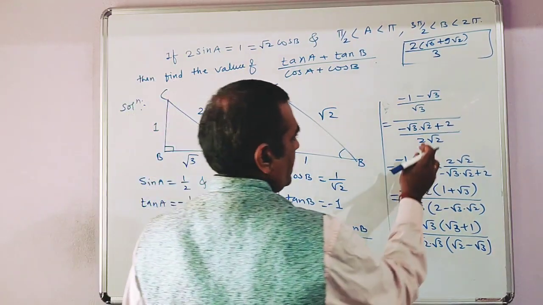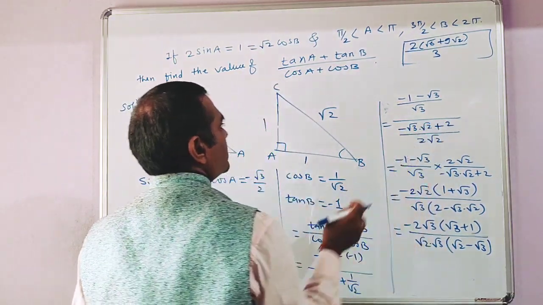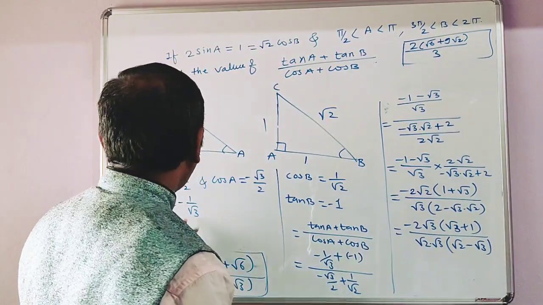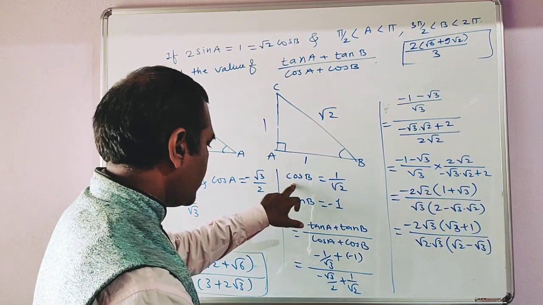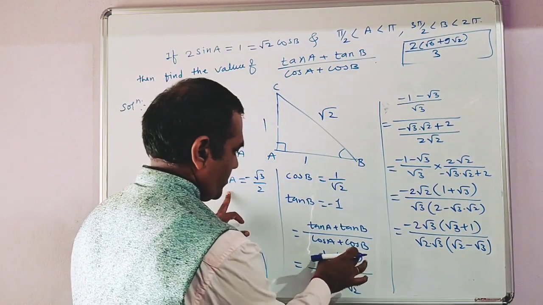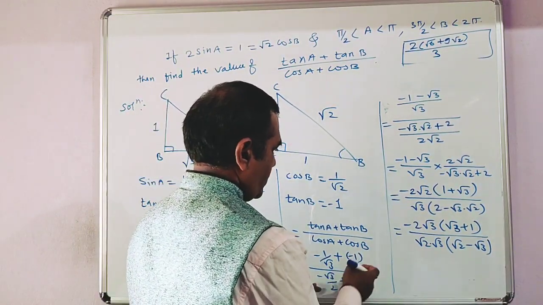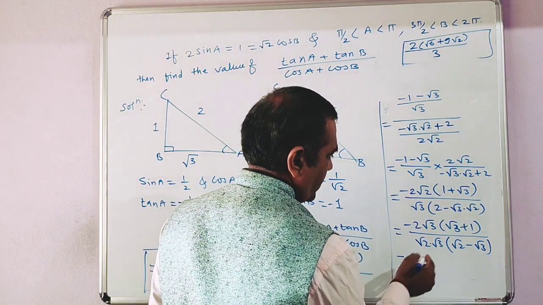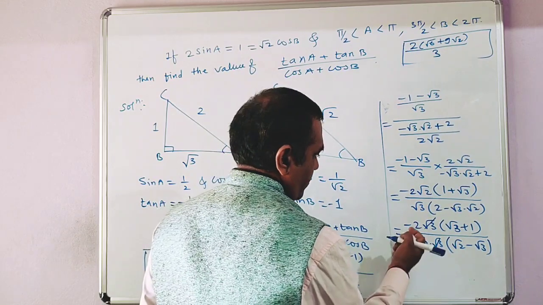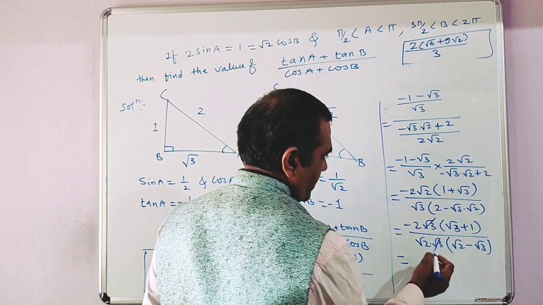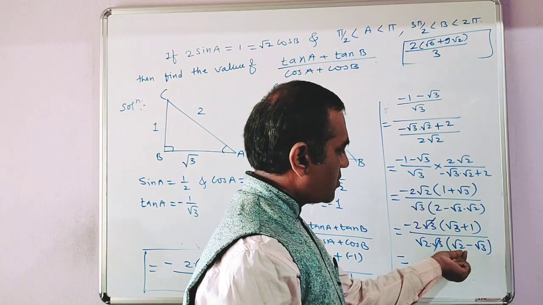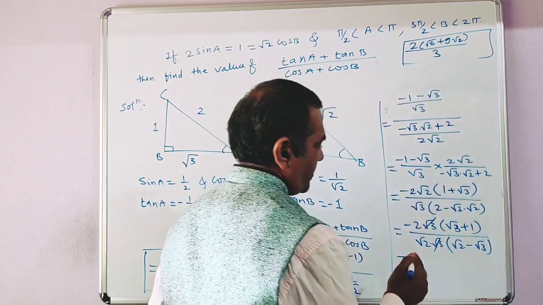Yes, here plus and minus: root 3 by 2 is minus, and plus 1 by root 2 is positive here, cos B positive, cos A negative. Clear? Taking out common root 2, now root 3 gets cancelled. Clear? Can we give this root 3 to root 2 minus root 3 here?